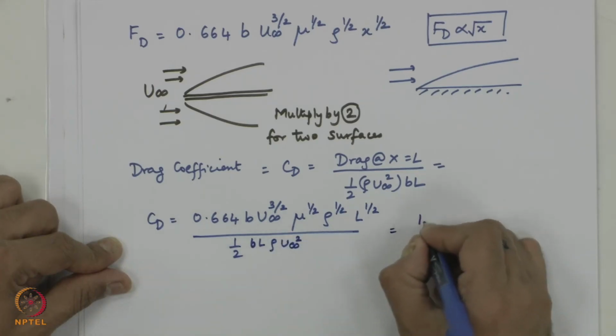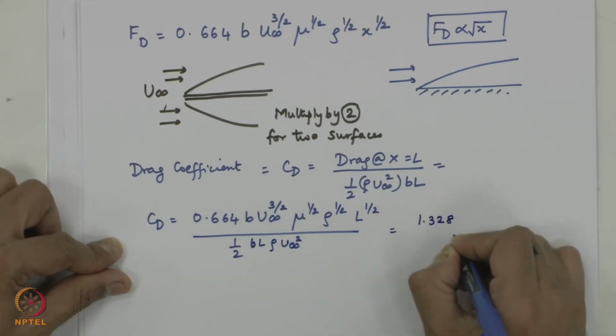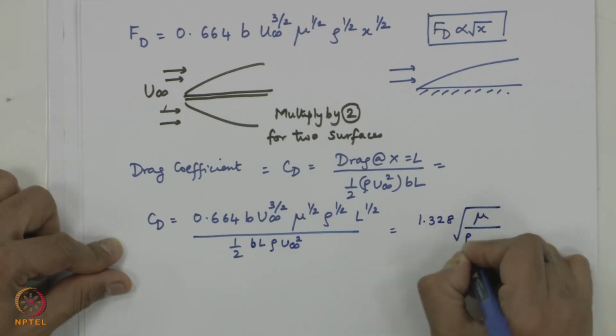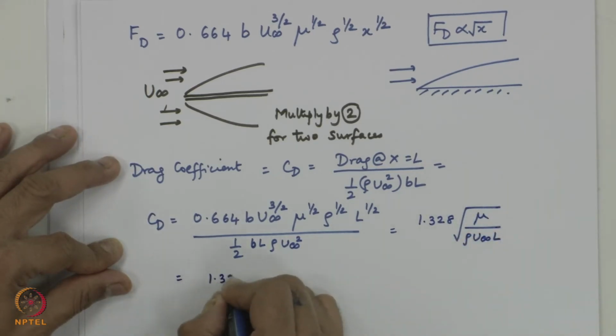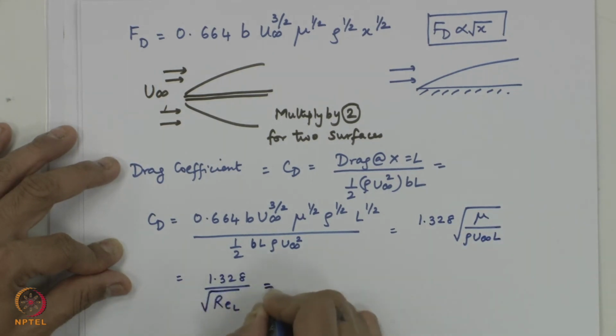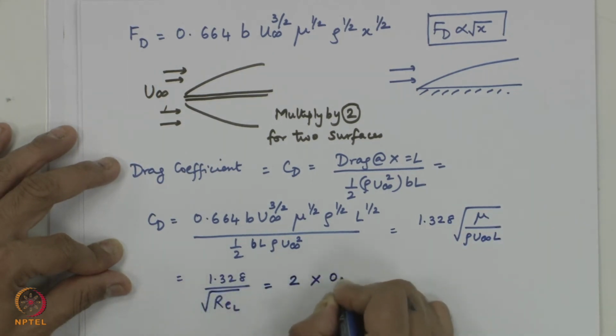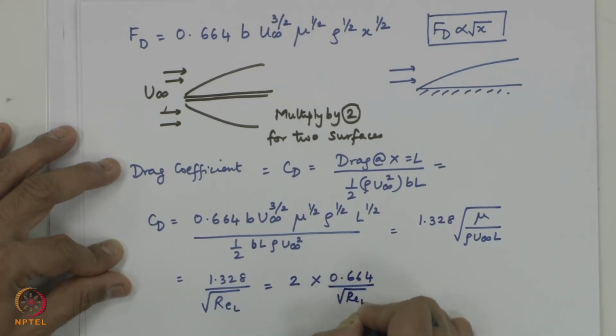This is nothing but 1.328 by Re_L, or 2 into 0.664 by under root Re_L.